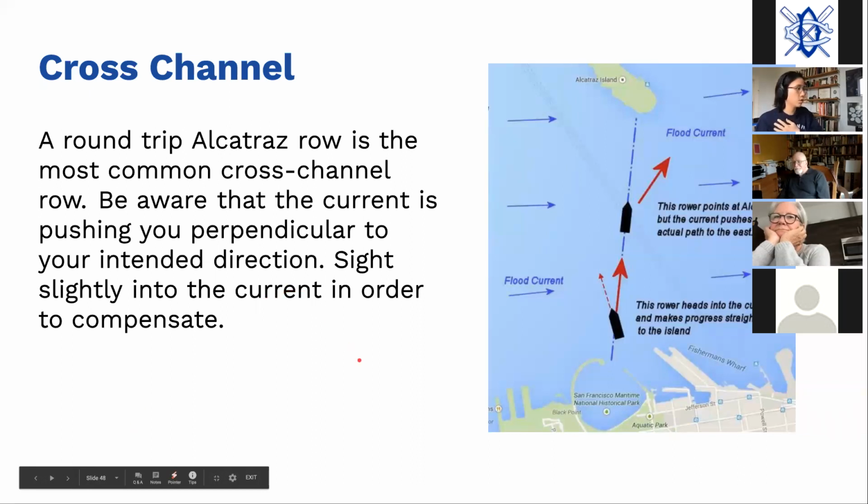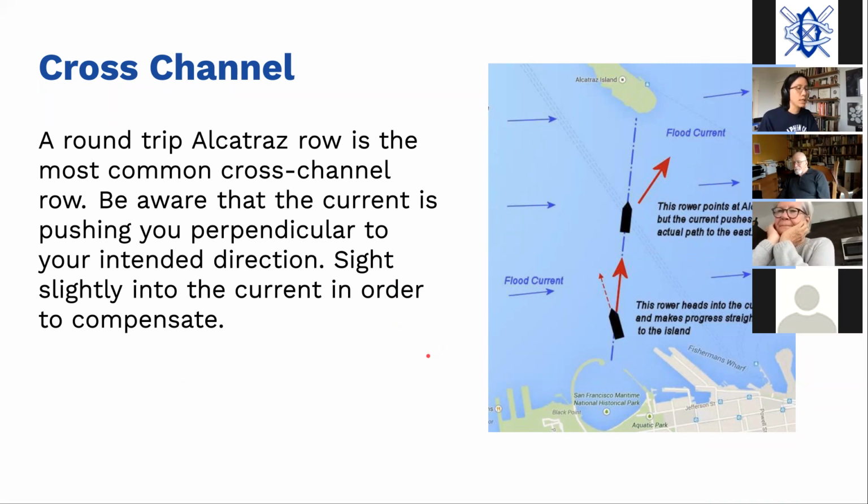If you do plan on rowing cross-channel, one thing to note is that you are always going to be pretty much rowing perpendicular to the flow of the current. So if you want to, let's say, row around Alcatraz during a flood, pointing your boat straight at Alcatraz would mean that the flood current would push you well clear of Alcatraz before you even got there.